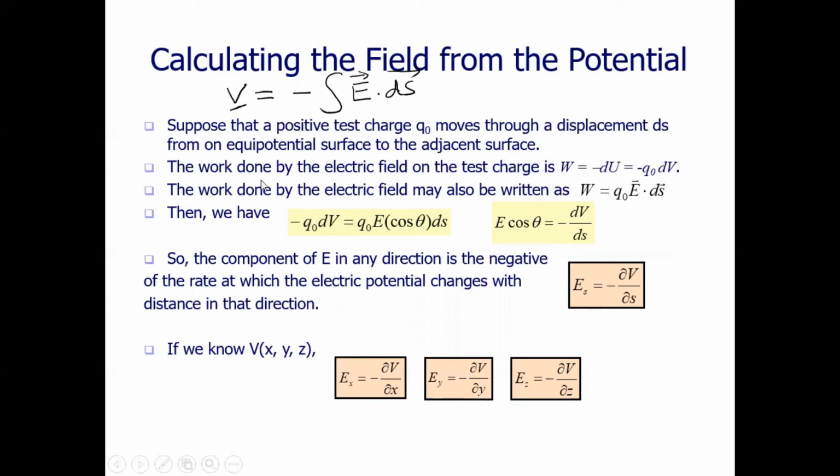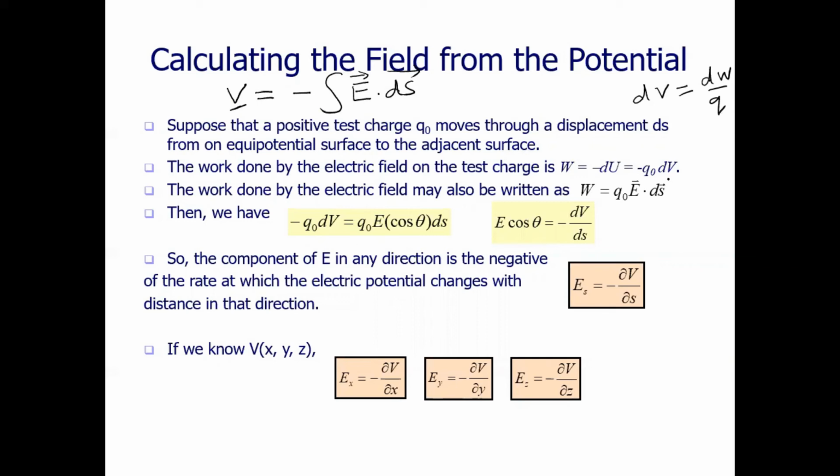So what is the work that you have done? We know that the work you have done is the minus of the change in the potential energy. And remember the dV will just be equal to the work over Q. If you remember very well, we said that the potential is basically the work that is done per unit charge.